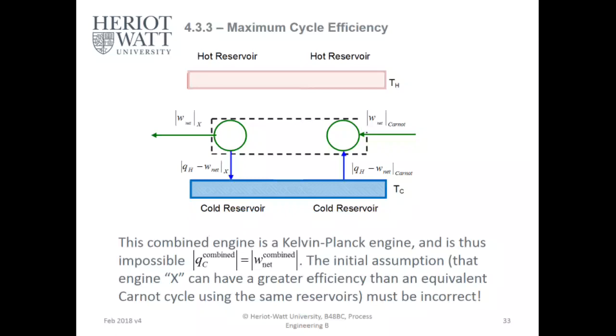So we covered this already. You convert into heat, then you convert heat into work. And it's thus impossible. So combined QC equals QX net combined. The initial assumption that engine X can have a greater efficiency than an equal Carnot cycle using the same reservoirs must be incorrect.